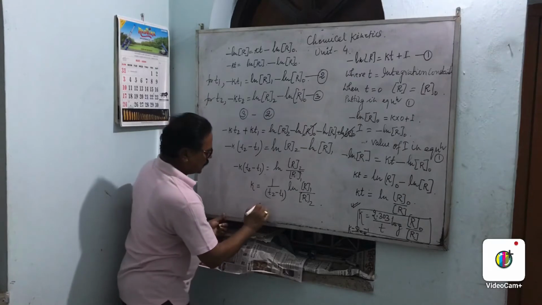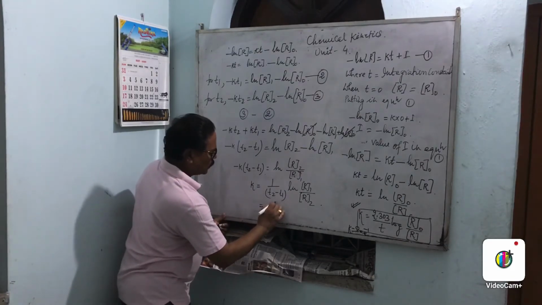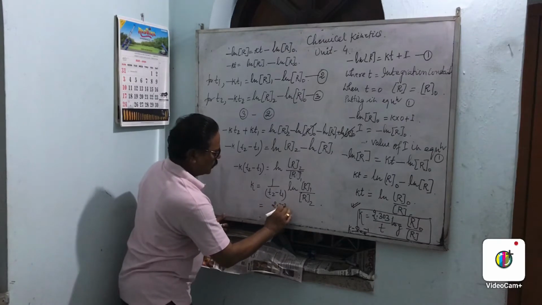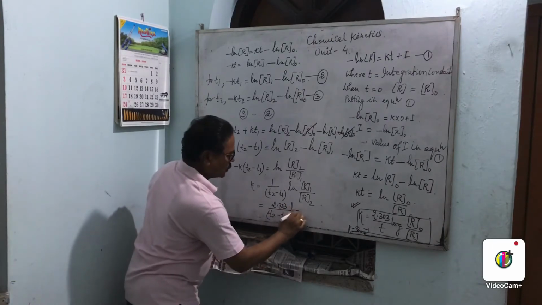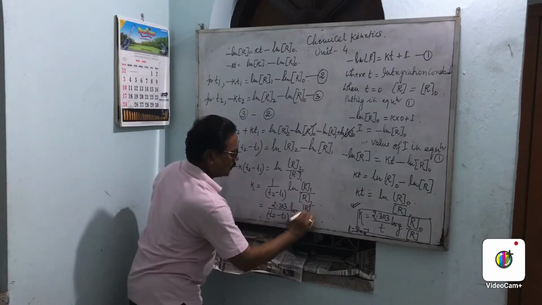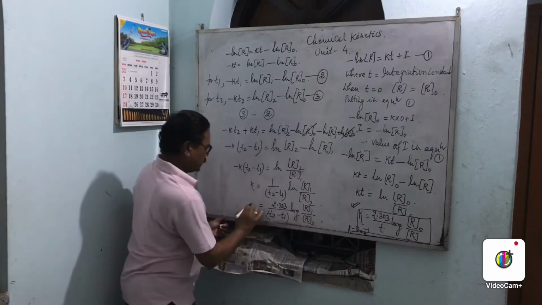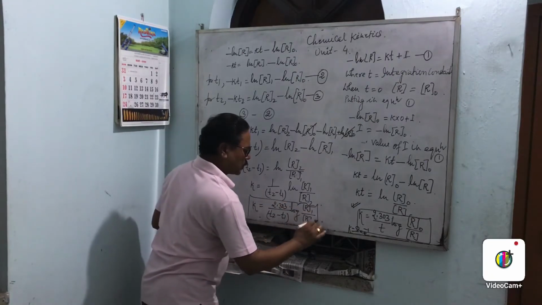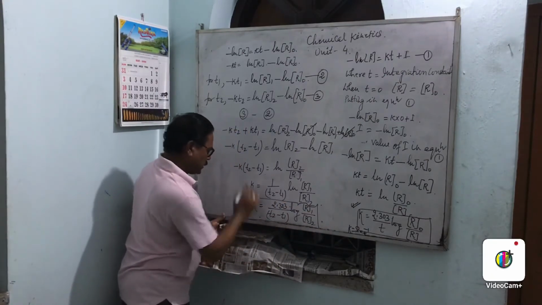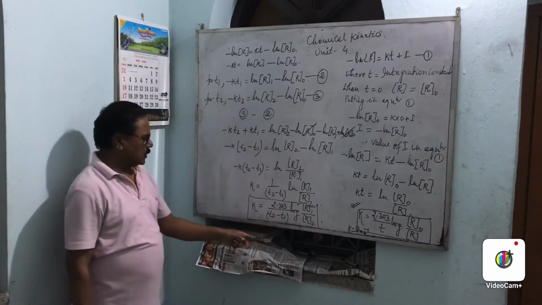So this equation can be written as k equals 2.303 by (t2 minus t1) log R1 by R2. On this formula, problems are given in your book, that's why it is needed to derive this formula and see how it comes.